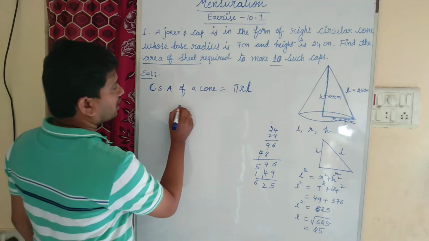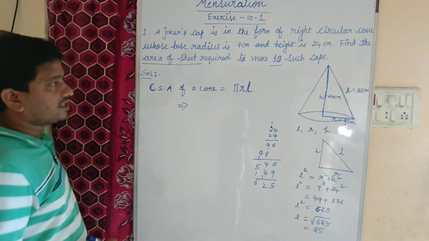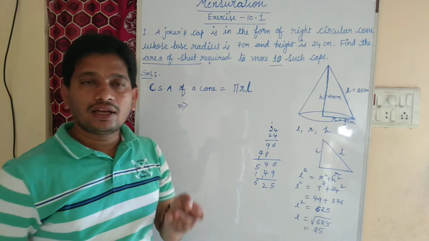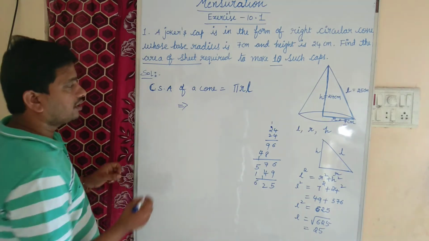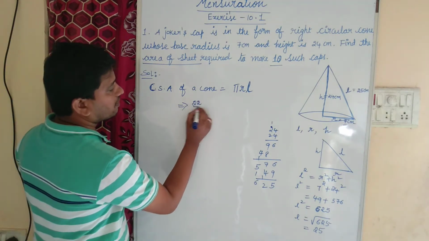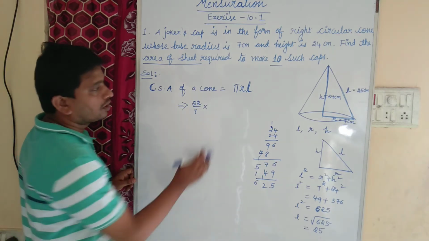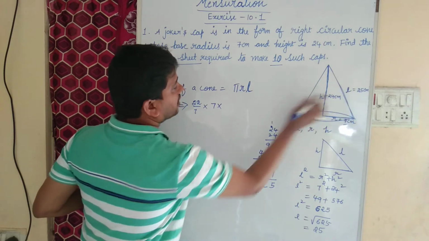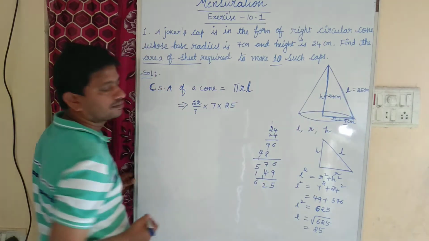Now, what is the curved surface area of a cone? The curved surface area of a cone is pi r L. What is the value of pi? The value of pi is 22 by 7, right? So 22 by 7 into the radius, which is 7 centimeter, into the slant height, which is 25.